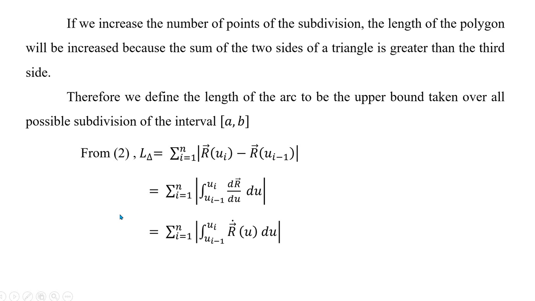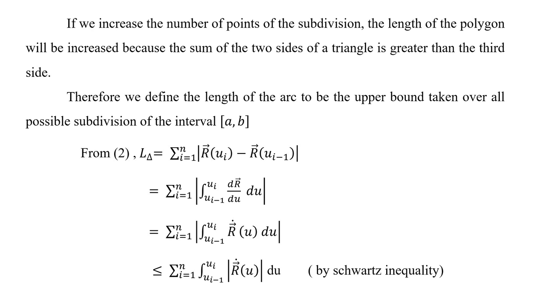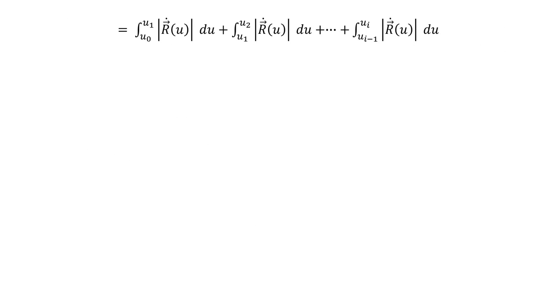We know differentiation with respect to u is denoted as r dot, so dr by du is r dot of u vector. The sum is summation i equal to 1 to n of mod of the integral from ui minus 1 to ui of r dot of u du. By the triangle inequality, it is less than or equal to summation i equal to 1 to n of the integral from ui minus 1 to ui of mod r dot of u du.